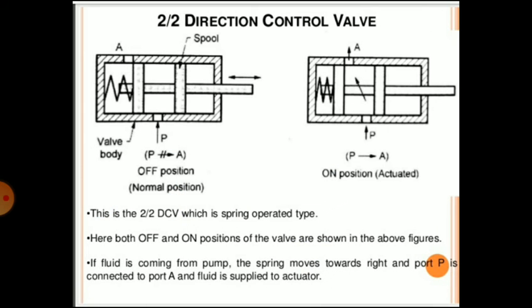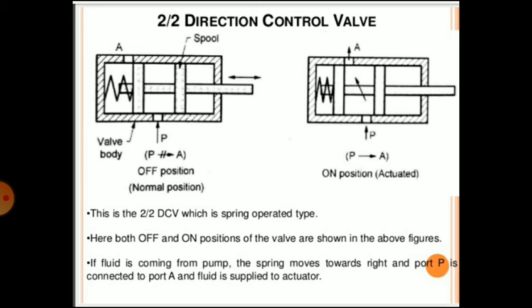So the 2x2 direction control valve is shown in the diagram. Initially there is an off position, and in the second diagram you can see the on position, that is actuated. So this is a 2x2 DCV, which is spring operated type. Here both off and on positions of the valve are shown in the diagrams above.